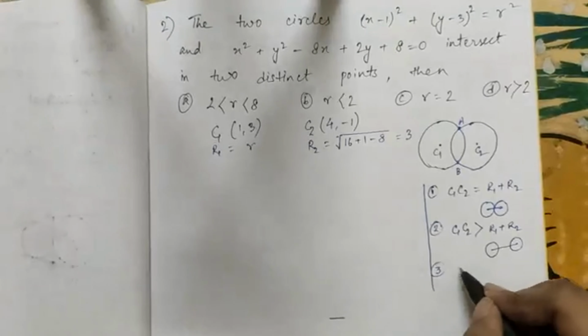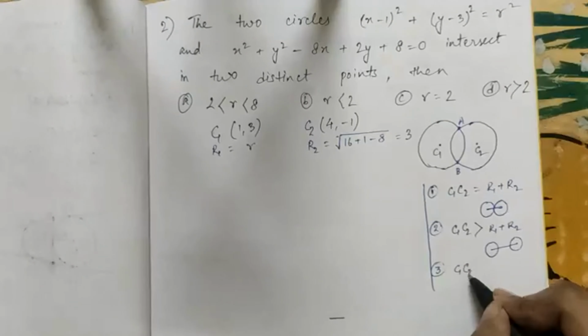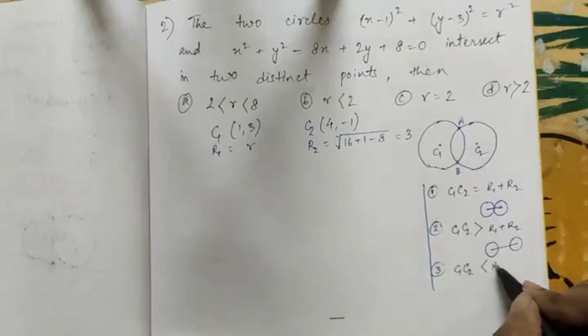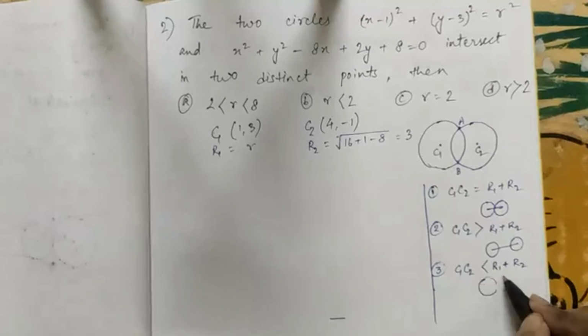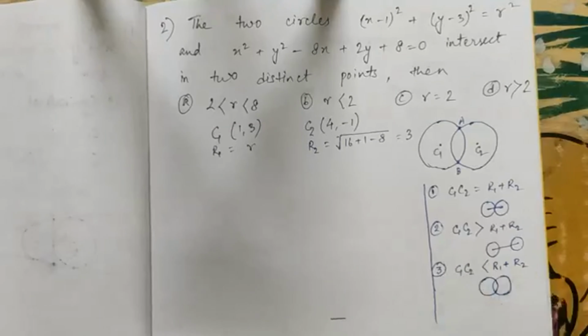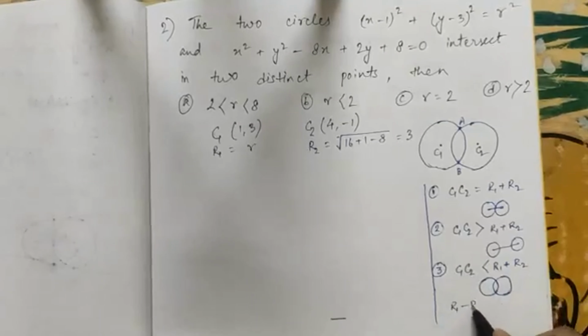In the third case, C1C2 is less than R1 plus R2. In this case the circles will intersect. Now under this one there are two cases. That is, mod of R1 minus R2.